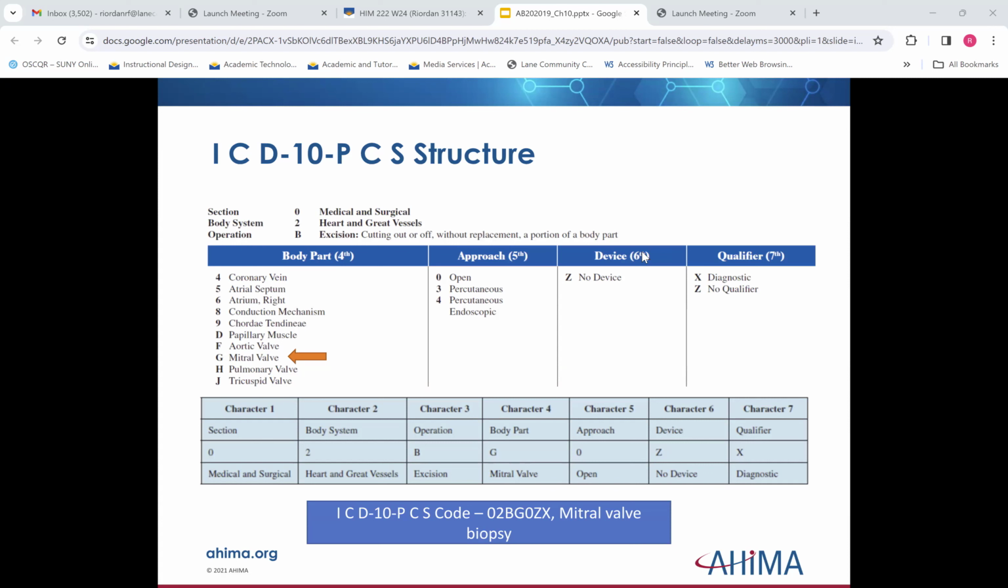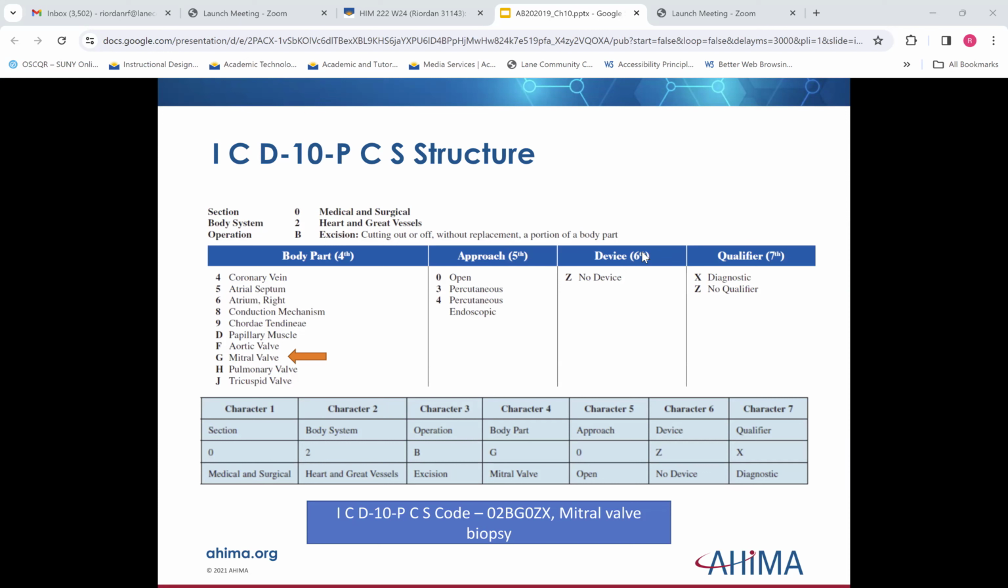But basically, in a lot of ways, it is giving you more granularity, more detail than your diagnosis coding. You have a body section, body system, you have a root operation, a body part, how it's approached, whether they use a device, and qualifiers, right?